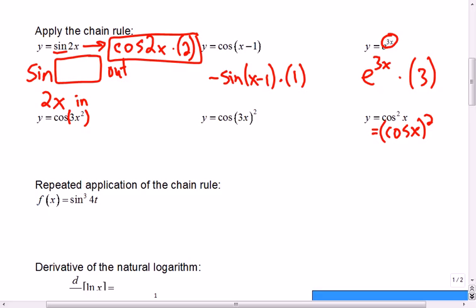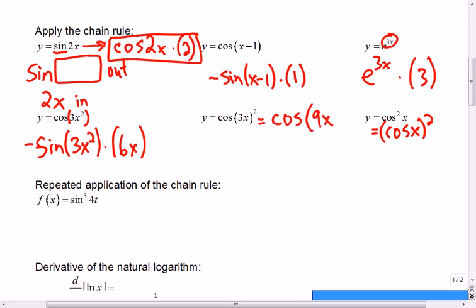In the first question, the outside is going to be the cosine. So this would be a negative sine of 3x squared. Then the derivative of the inside is going to be 6x. Okay. The second one, it's probably easiest if you think of this as 9x squared.